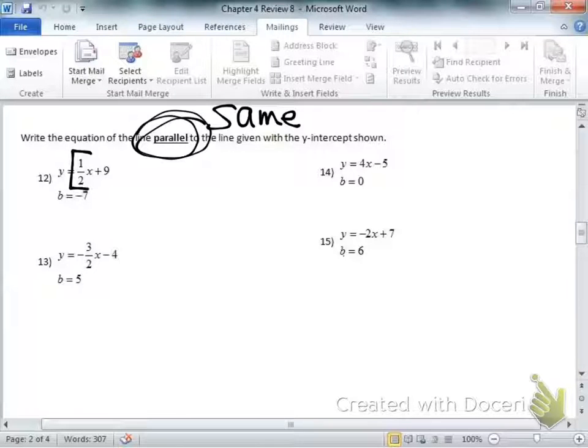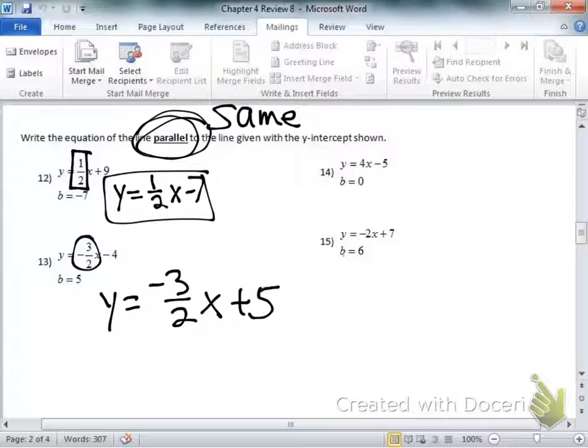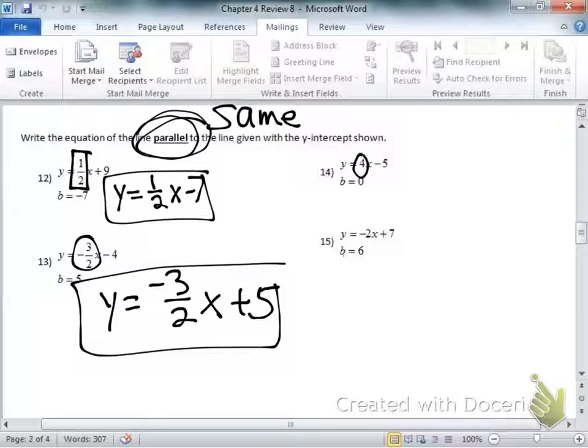So parallel, you just take the slope from the old equation, stick it right in the new equation without changing it at all. Don't do extra work here. You'll end up talking yourself out of the right answer, okay? So just steal the slope. Don't look back, okay? Y equals 4x plus 0 is the same thing as just y equals 4x.